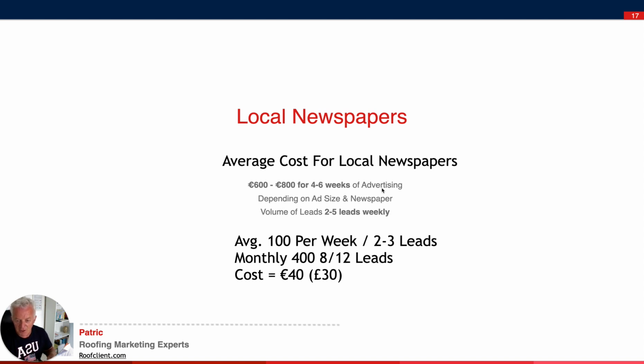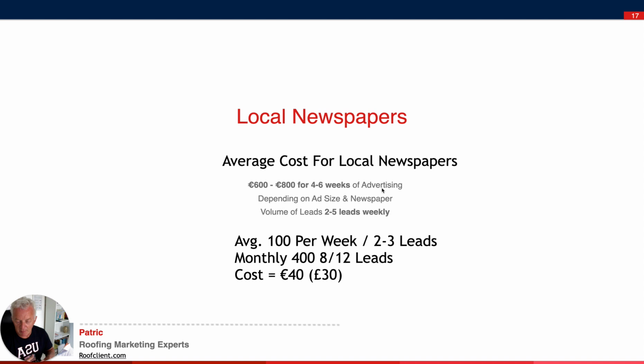A true average is about 100 per week, costing you in euros. Sterling will probably be a little bit lower, at 80 sterling a week, and 2 to 3 leads throughout the year consistently. That would be about the numbers we've got. So monthly costs 400, 8 leads on the low side, 12 leads on the high side.